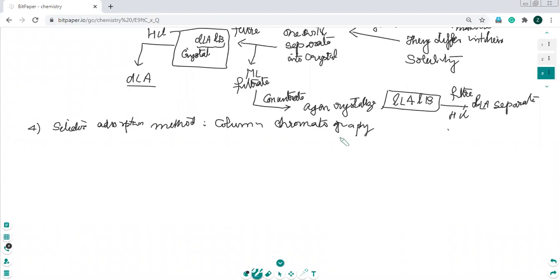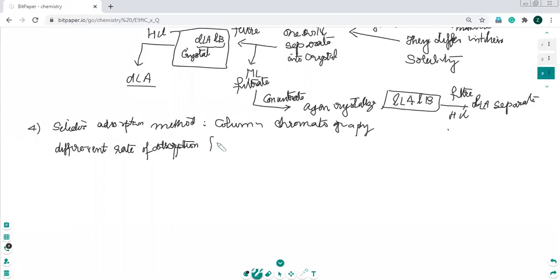You must have studied the principle of column chromatography before. It is based on differential adsorption, different rates of adsorption for the enantiomers.